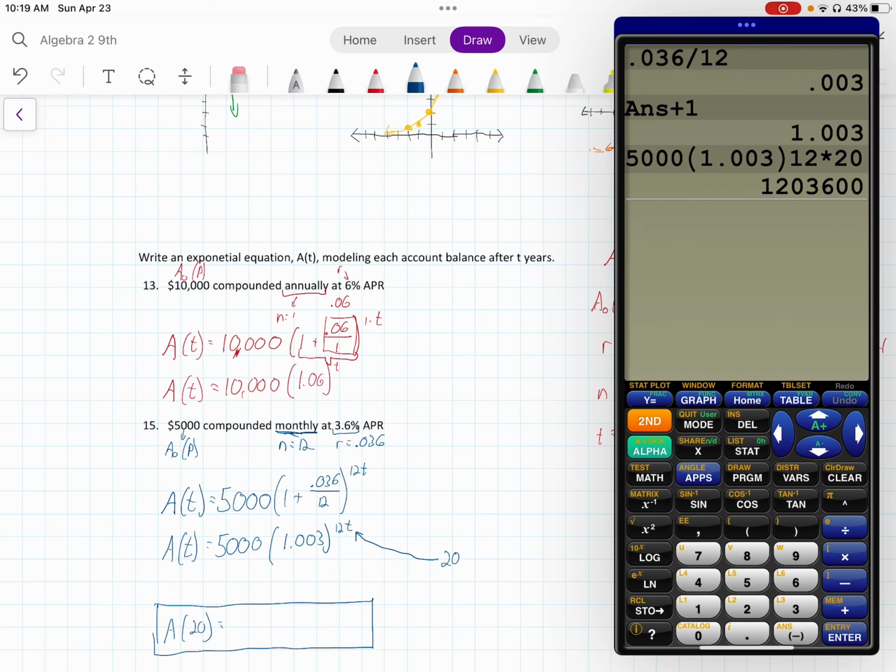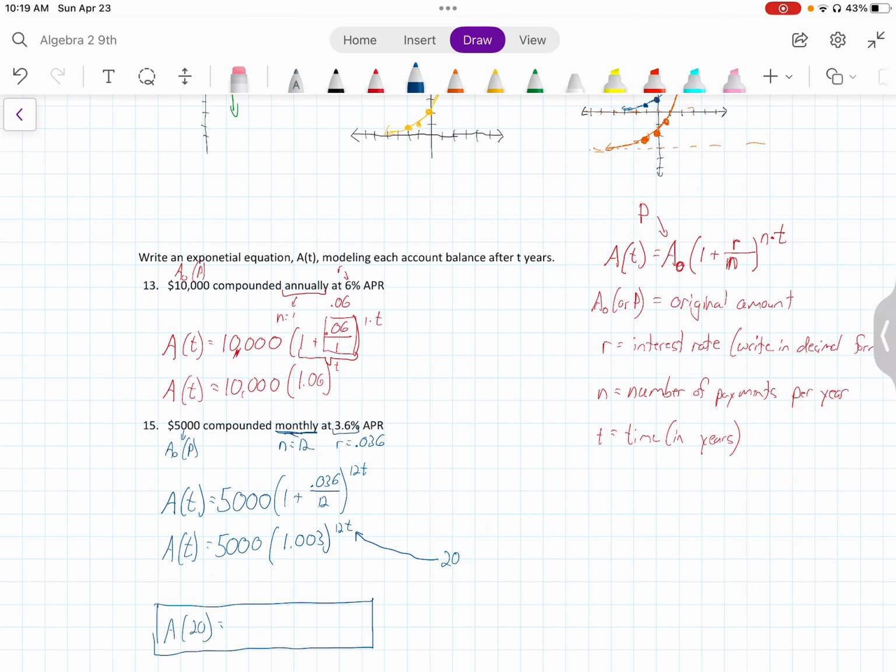Oops, okay, I see. I just put times, not raised to the power of. 5,000 times 1.003 to the power of 12 times 20. There we go. So that would have doubled in those 20 years and become $10,261. Anyway, that wasn't part of the assignment. I just wanted you to see what that meant.